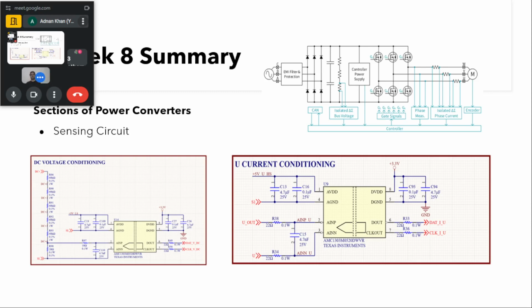Whatever the parameter that we want to sense, we can have a proper sensing circuit for that. And here you can see in this power converter, we can have the voltage conditioning circuitry for voltage sensing, and the other thing is the current sensing, which have been shown here: the voltage sensor, and to the right is the current sensor.